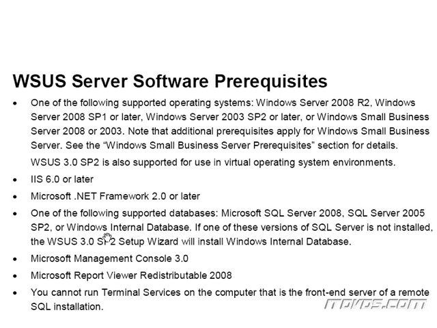Windows Server Update Services actually comes with an internal database that works quite well. You're going to need the Microsoft Management Console 3.0, the Microsoft Report Viewer Redistributable 2008. This is going to be for your management console for WSUS. And also it lets you know that you cannot run terminal services on the computer that is the front-end server for a remote SQL installation.